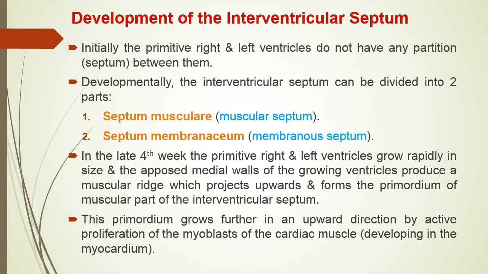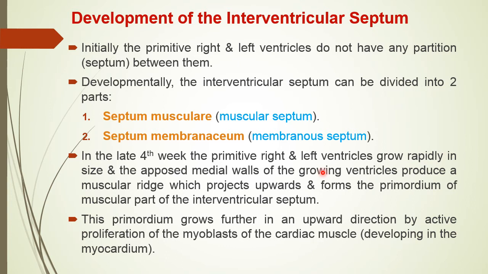And this developmentally has two parts: the septum musculare, which is the muscular part, and the septum membranaceum, which is the membranous part. The septum musculare grows from the floor as the two ventricles, which are forming two pouches, grow rapidly.